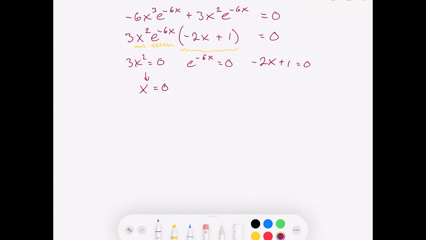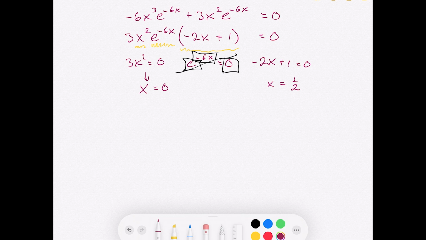It's not possible to take a positive number and raise it to an exponent and get an answer of 0. This is never going to be true. So then we examine our last statement, subtract 1 from both sides, divide both sides by -2, and we get an x value of 1/2.